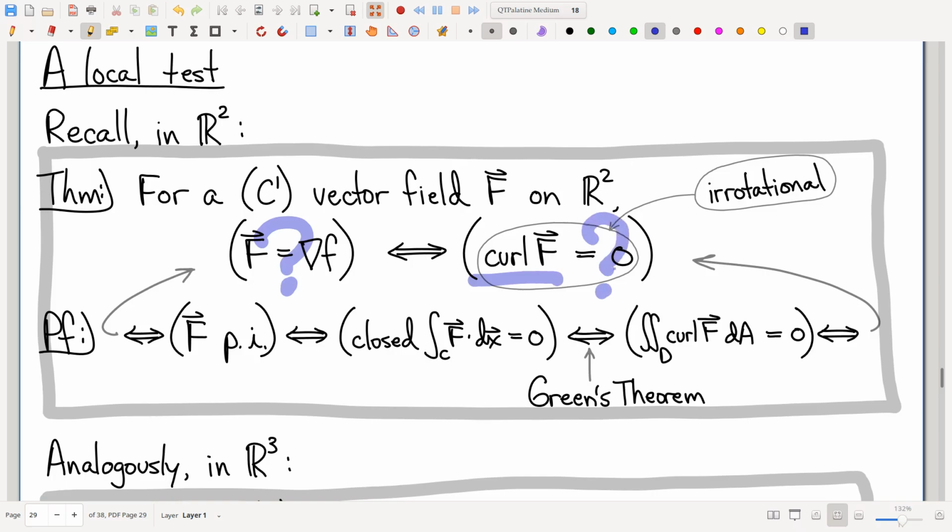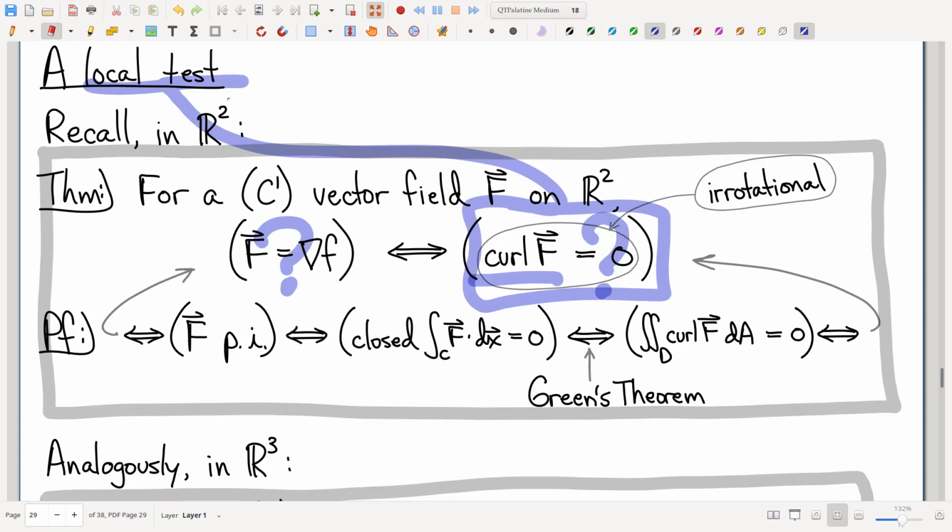If you do, yes, it is a gradient and path independent. If you don't, no, it is not a gradient, and no, it is not path independent. It's a nice, simple test, what I call a local test, in the sense that curl is computed locally, and you're getting a global conclusion about what it is or isn't based on something you compute locally.